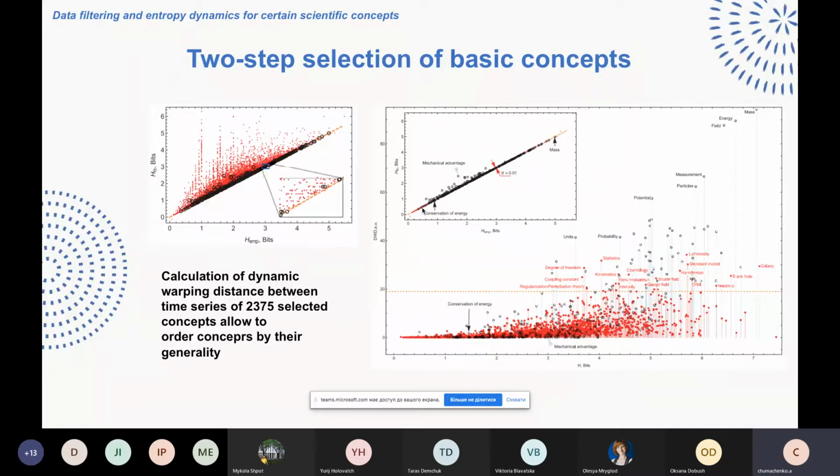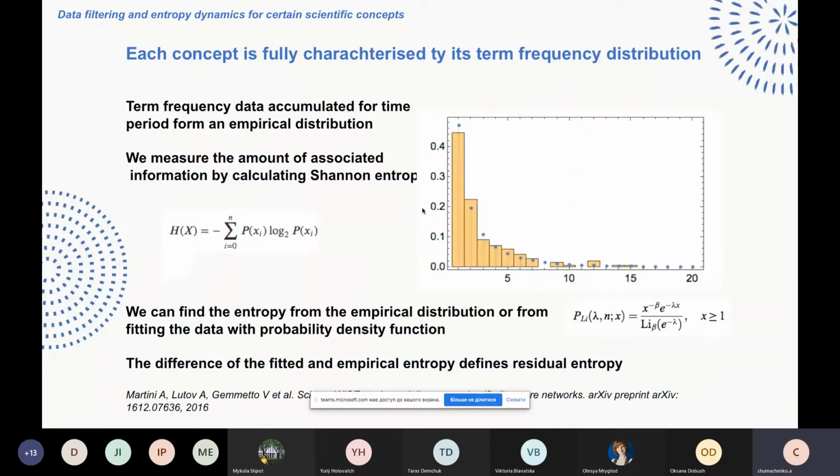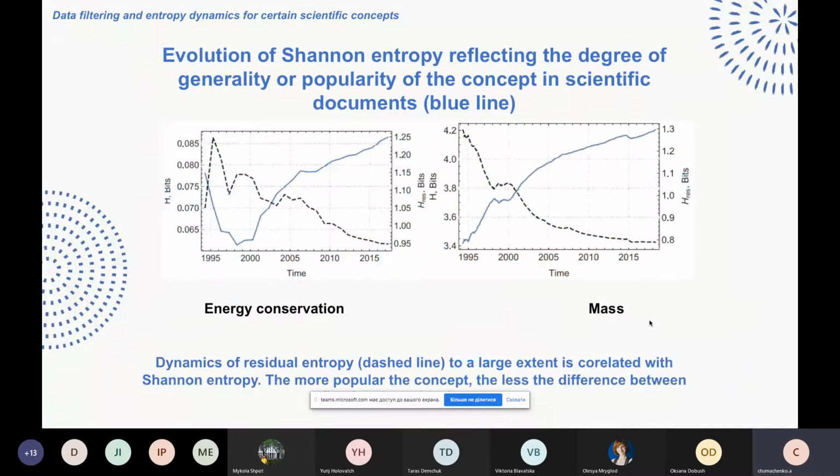So what we propose is that a concept can be considered as basic if it has a very nice distribution, which can be easily and nicely fitted by some continuous function. But this can happen for true basic concepts, and also for those concepts which are popular at the moment.